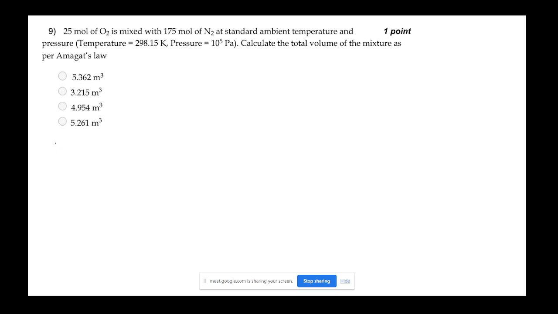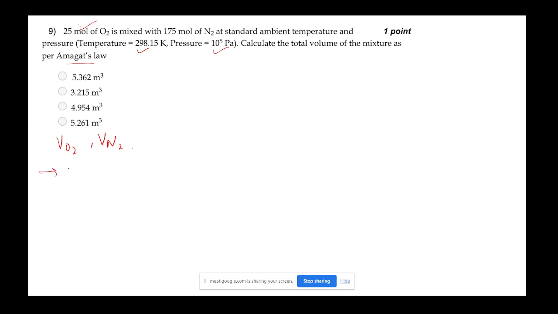One is the ideal gas equation of state, another is Amagat's law. Based on the ideal gas equation of state, you have everything: moles, temperature, pressure. So you will get the value of V for O2 and V for N2. That we can calculate from PV equals to nRT.